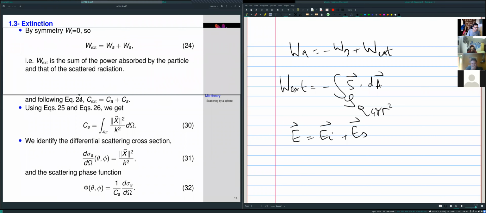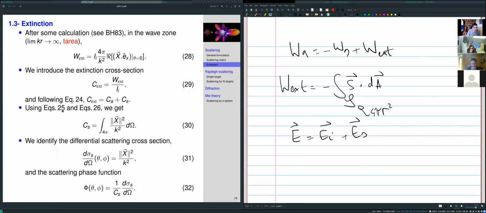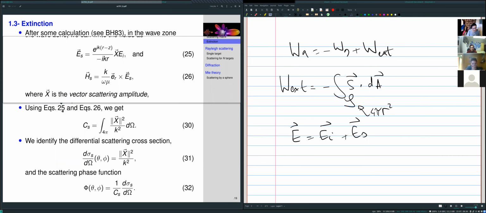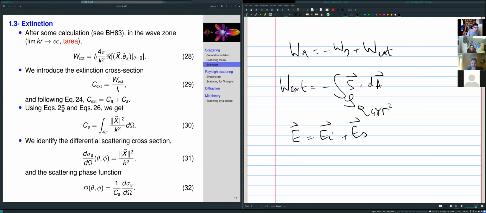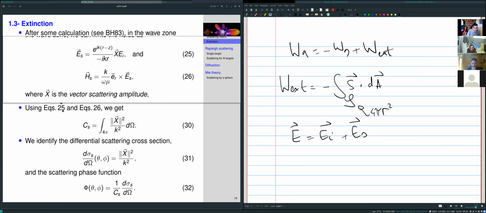Following this, we decompose this extinction cross section into an absorption and a scattering part. And using equation 25, the scattered component, and equation 26, these are the electric and magnetic fields.